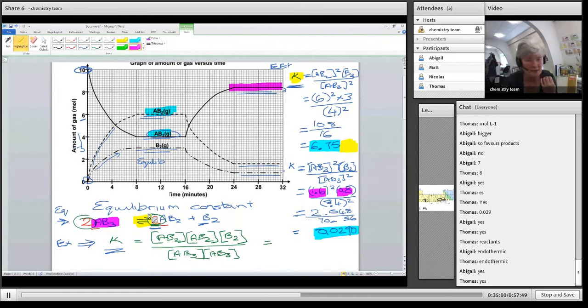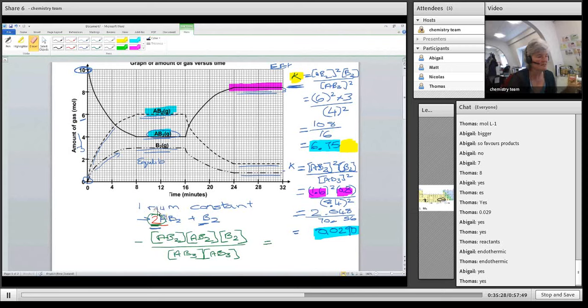Sometimes you won't be given a graph, but the question may tell you that the equilibrium constant is, let's say, a particular value. So say there's a particular reaction and your equilibrium constant is 130. Okay? So you are told that the equilibrium constant is 130.